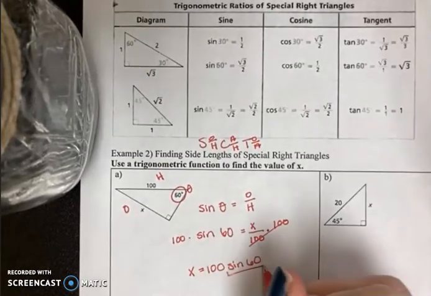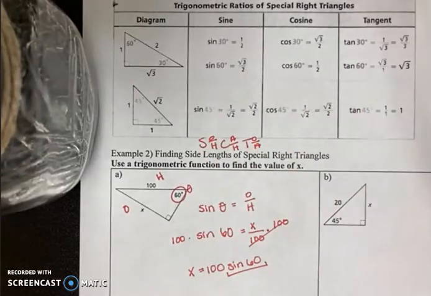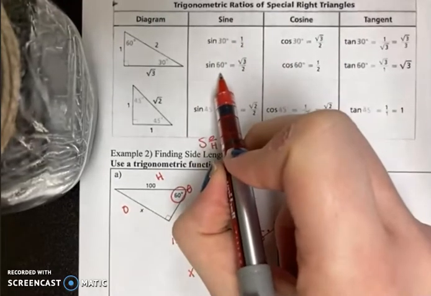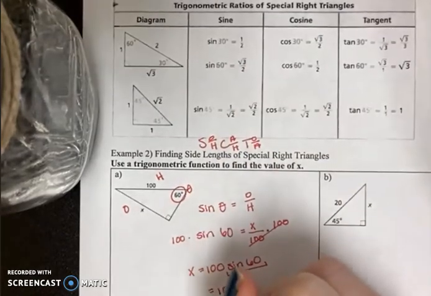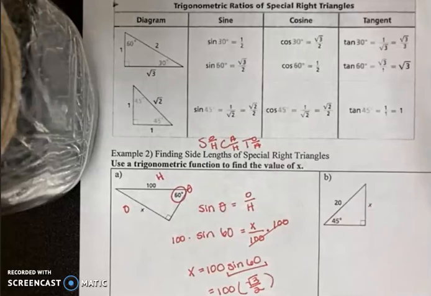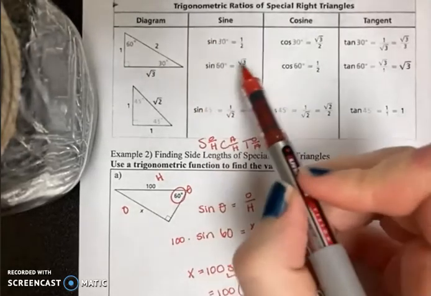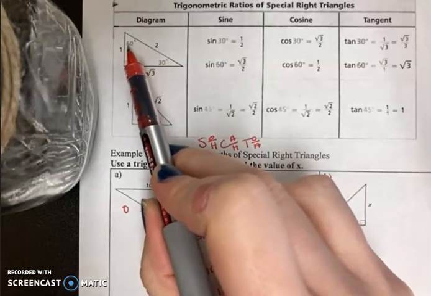Now, sine of 60 is going to be in this table above. Sine of 60 is root 3 over 2. So I'm just going to plug that in, root 3 over 2. And just to show you how I got root 3 over 2, 60 is right here.